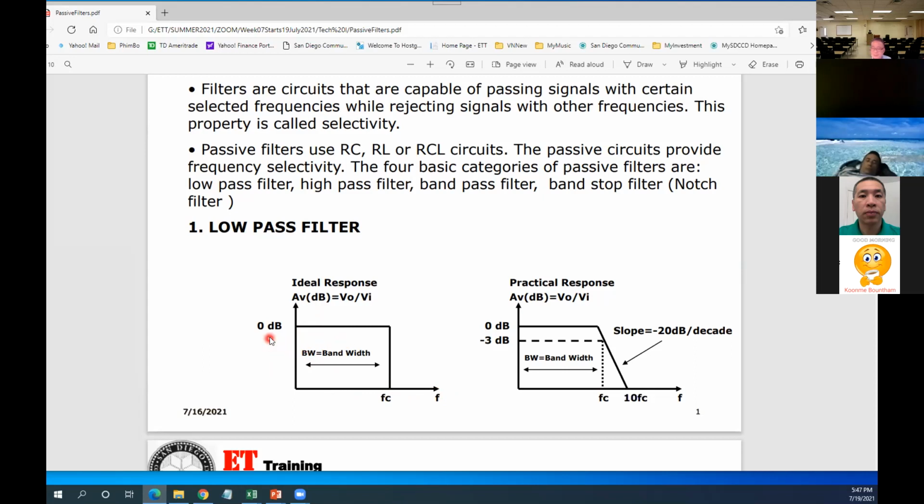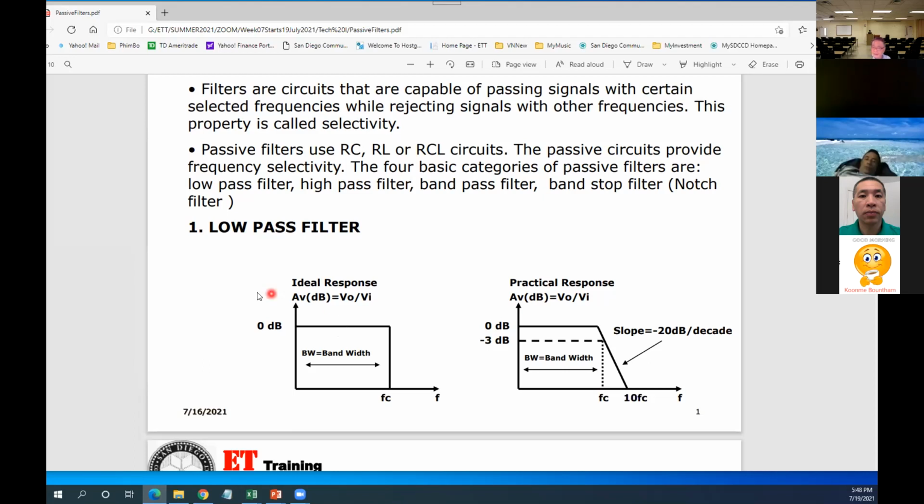So 0 dB. How much do you understand about 0 dB? 0 decibel. In equal out. 0 dB, they're telling you what the gain equals. What is the gain equal?